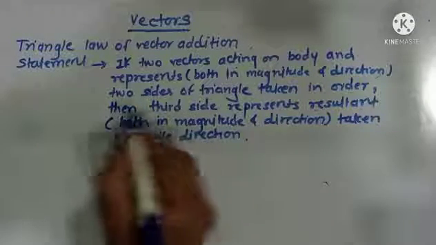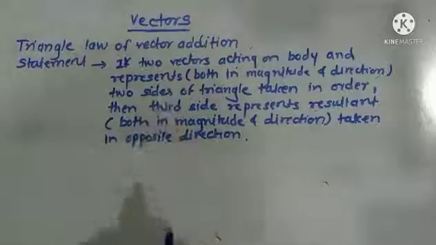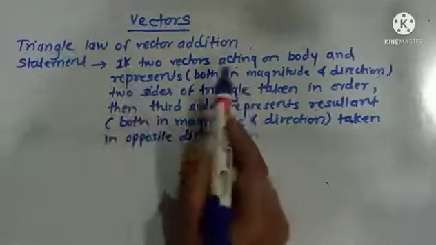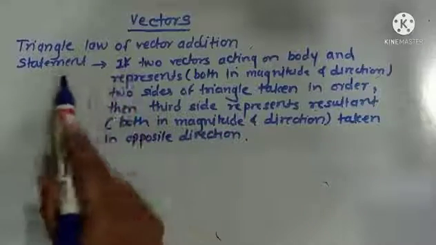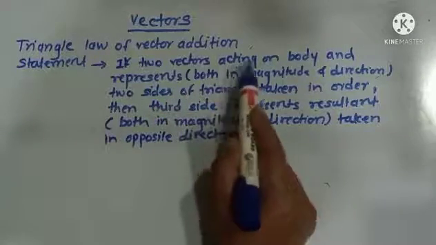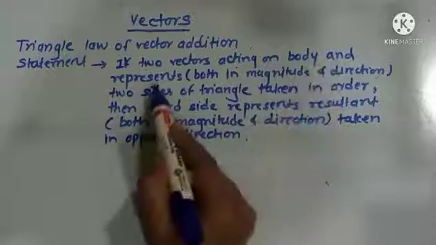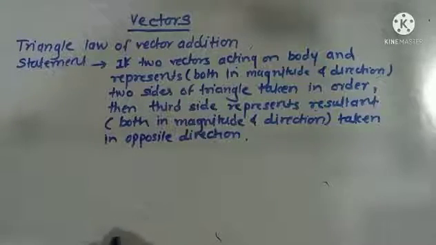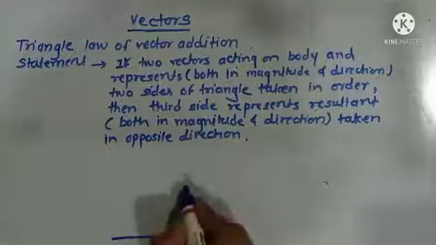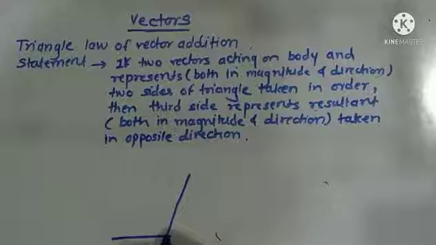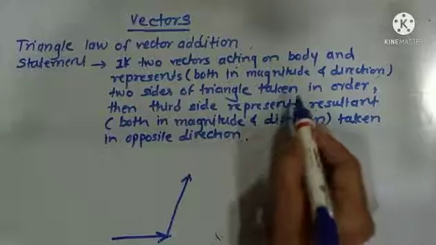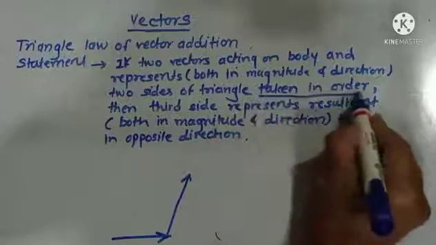So I have written this statement because you need to write down the statement in the exam as it is. See here what the statement says. If the two vectors are acting on a body and represent two sides of the triangle, what does it mean? If there are two vectors which are acting on the same body and taken in order, what is meant by this? This term is very important: taken in order.